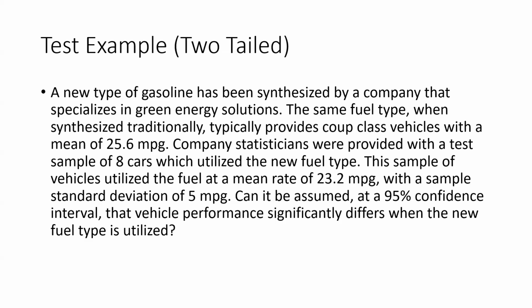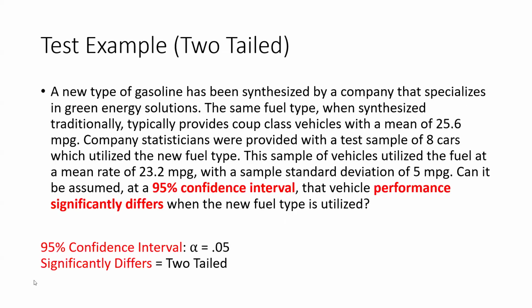Let's make sure we figure out what is important for our application. As you can see, we have a 95% confidence interval, which again corresponds with an alpha value of 0.05. We're wondering if the performance significantly differs, not whether it's greater than or less than.